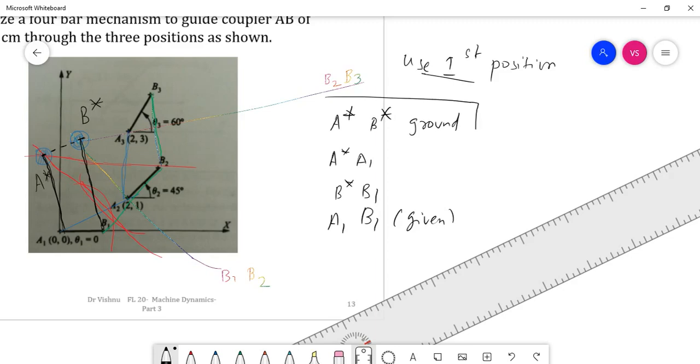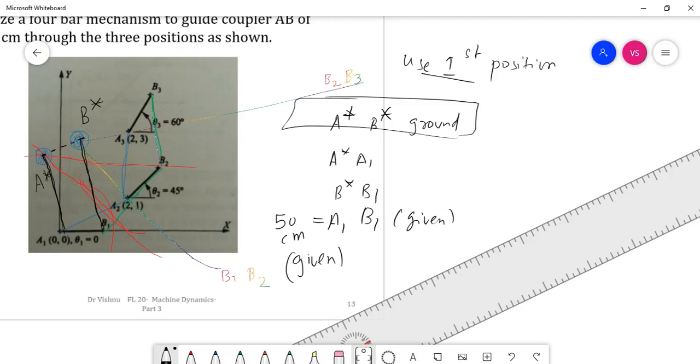This is always A star, B star is the ground. This means we have got the four links. The length of the fourth link is given as, I think, 50 centimeters in this problem. So you measure the other lengths, and these are the dimensions we want.